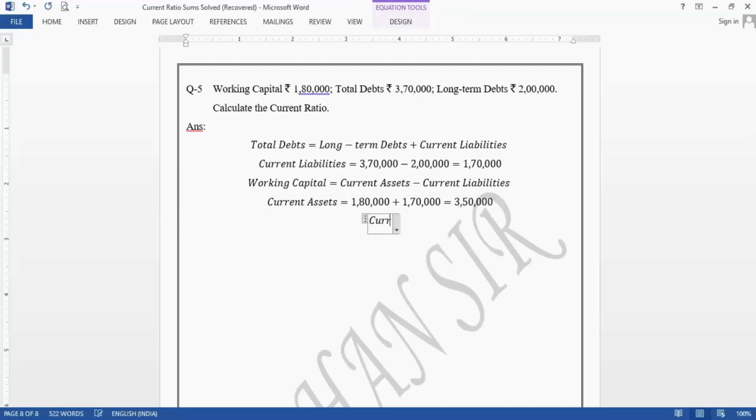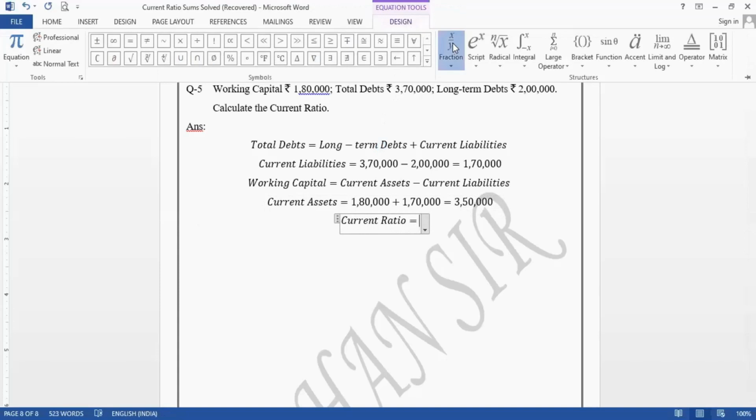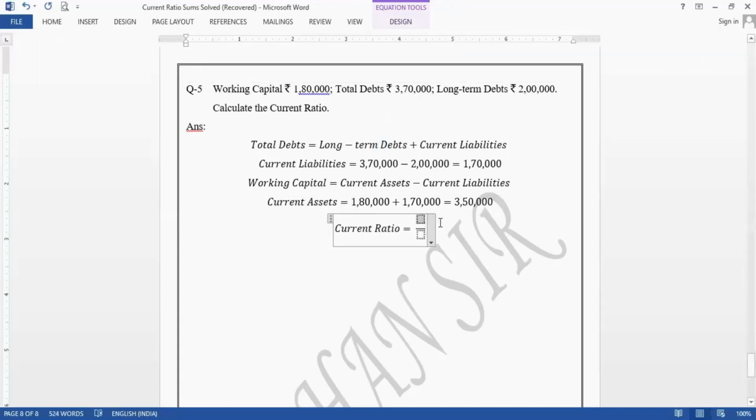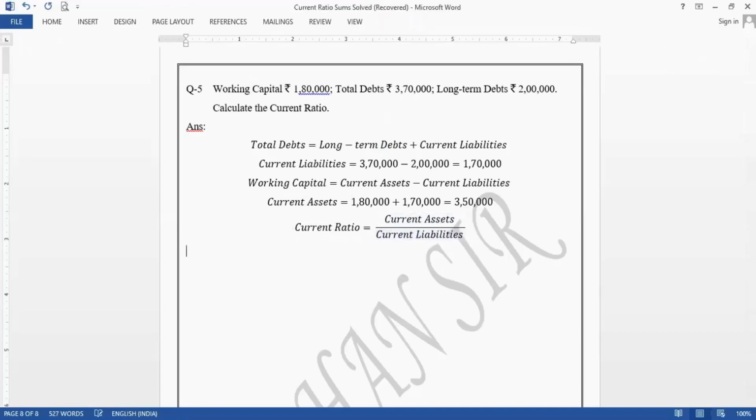Let us apply the formula again for current ratio. Current ratio is equal to current assets upon current liabilities. Let us place the values. Current assets is 3,50,000 and current liabilities is 1,70,000.